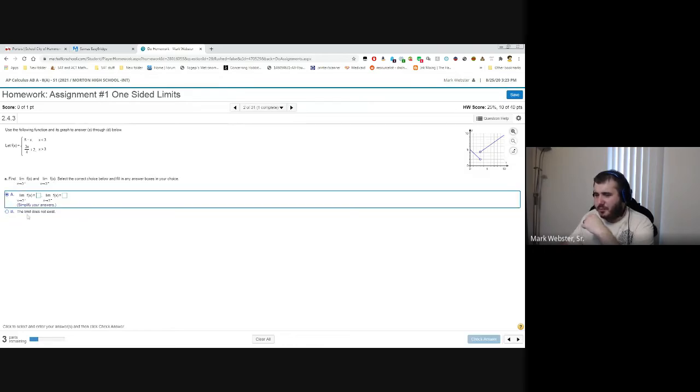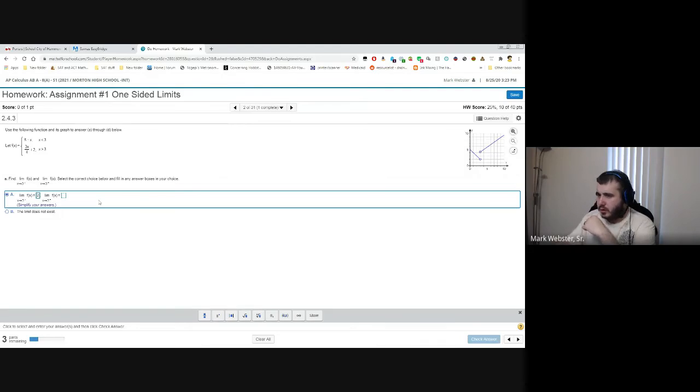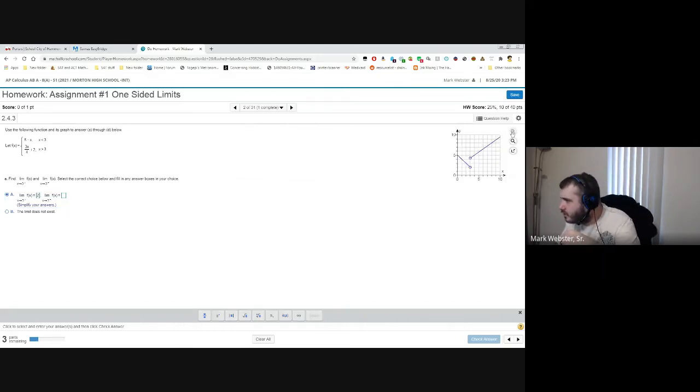So this part B is there to throw you. Ignore that one, because you're going to tell me that the left-handed limit is going to 2. The right-handed limit, what's that going to? That's going to, looks like 4, but it looks off.